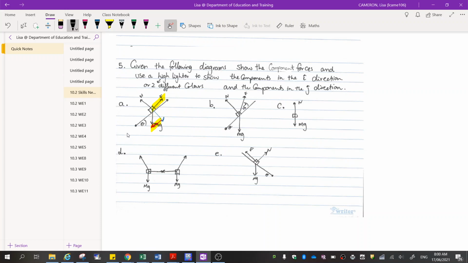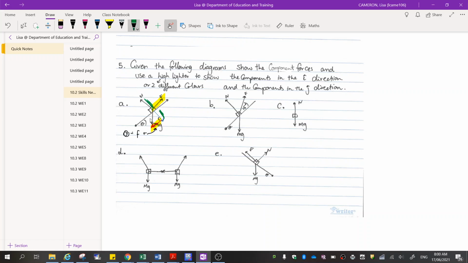Now, really all that means is that 0, this force plus that force should equal 0 if it's in equilibrium. So F plus whatever that one is equals 0, okay? And then if we're looking in the J direction, this one and this one are working in the J direction, sorry, not Y.